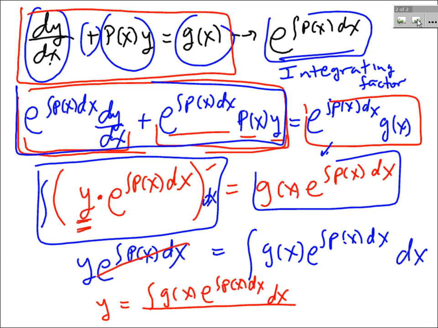And now I'm going to divide by e to the integral of p of x dx. This here is the formula.